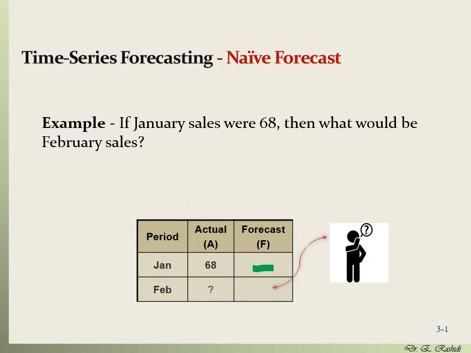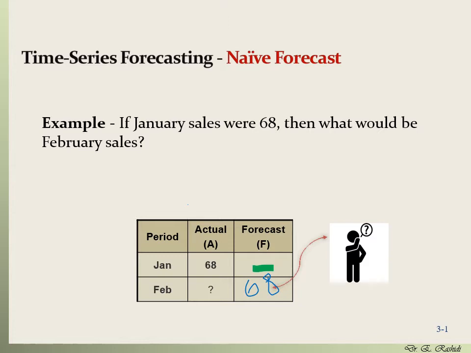Well, a silly number or a naive method here would be 68. If you don't have any other information here, you would say, okay, it should be around 68, maybe a little lower, maybe a little higher, we don't know, but we're going to go with 68.